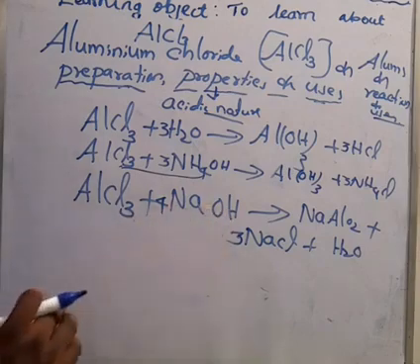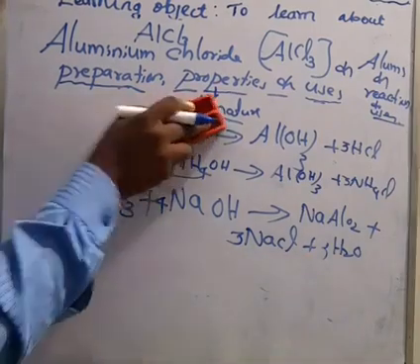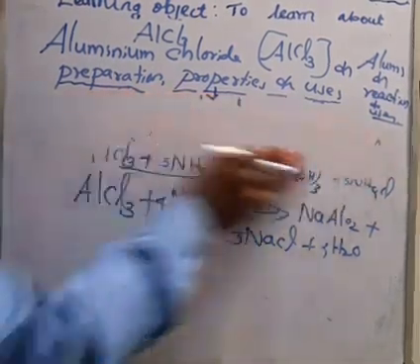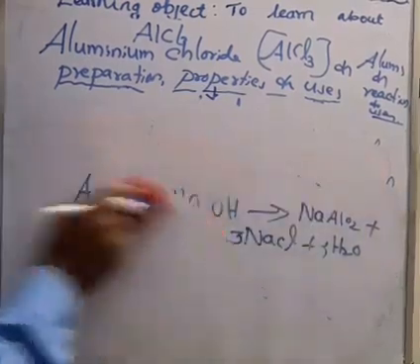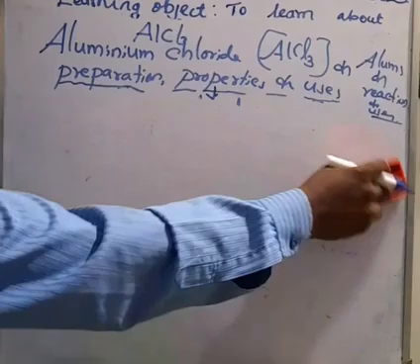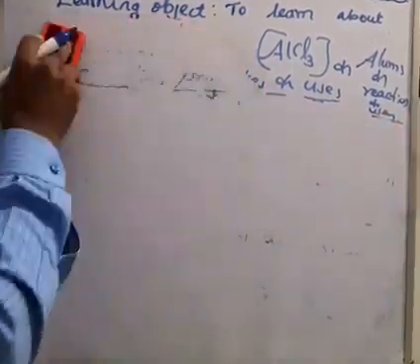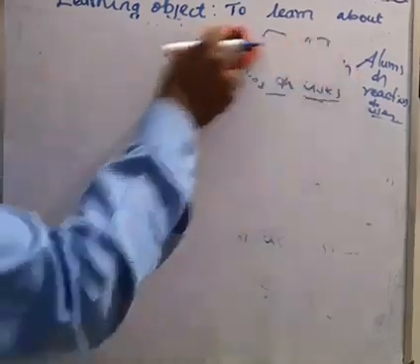Next, what are the uses of aluminum chloride? One, aluminum chloride is used as a catalyst in the Friedel-Crafts reaction. Catalyst, all of you know, is a substance which alters the rate of the reaction.